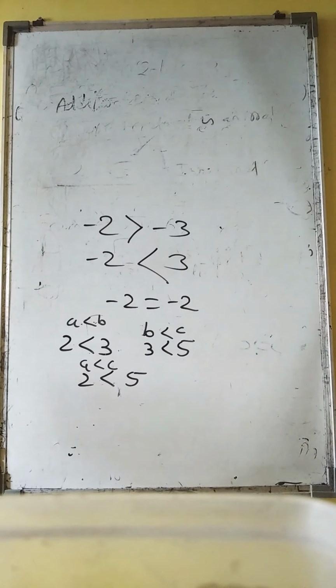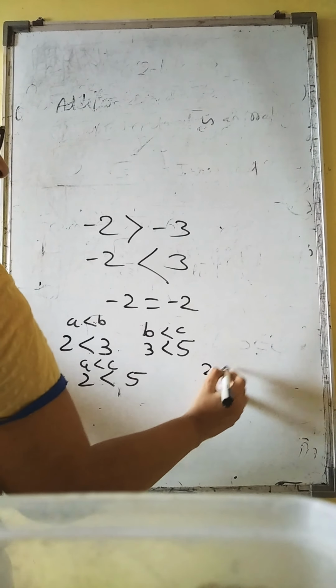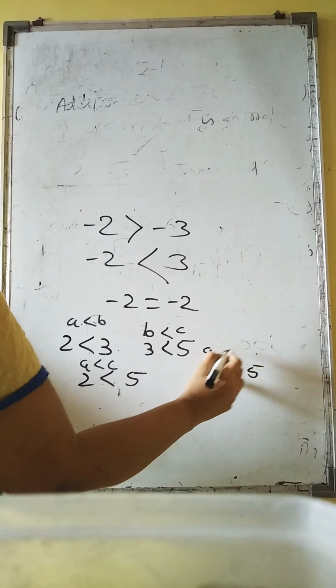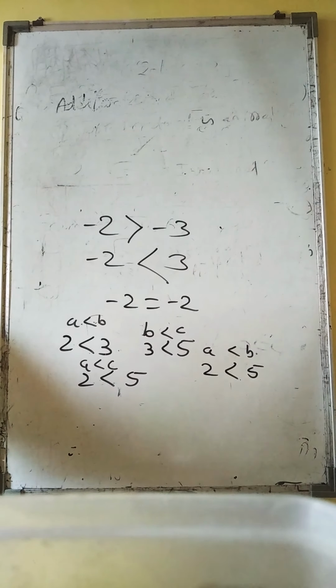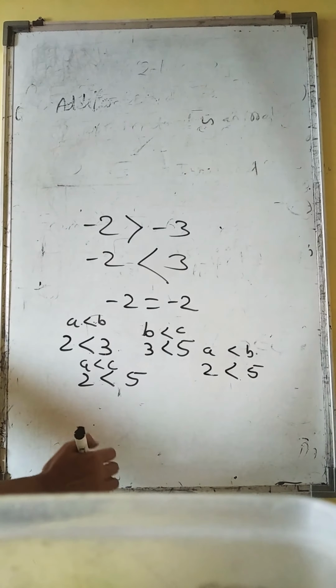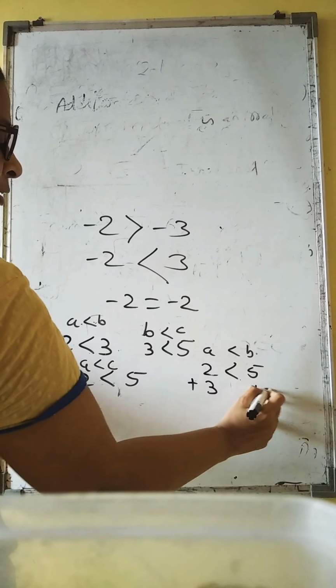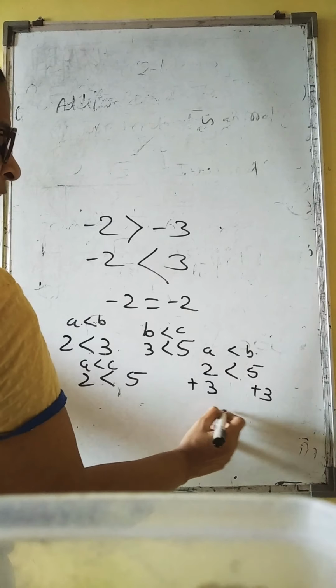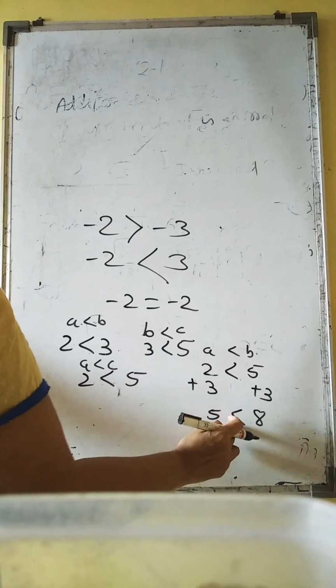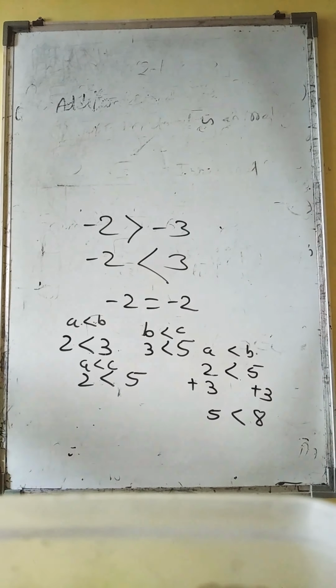Right? Now suppose we have A is less than B. Two numbers, 2 is less than 5, right? I add the same number, 3, to both. So here I get 5, here I get 8. Still the inequality holds in a similar manner. Right? So A plus C is less than B plus C.